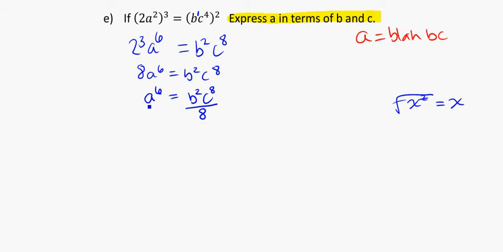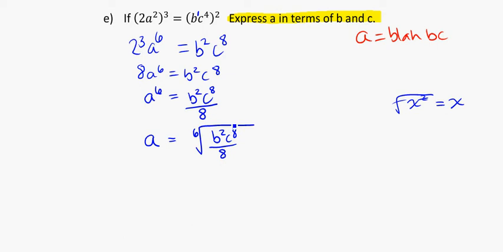I can take the 6th root of a to the power of 6. So if I take the 6th root of both sides of this equation, I'll get just the a on one side, and I'm going to take the 6th root of b squared c to the power of 8 all over 8, and I'm going to put a little 6 in here to say that that's the 6th root.